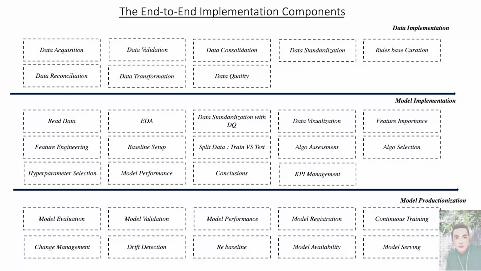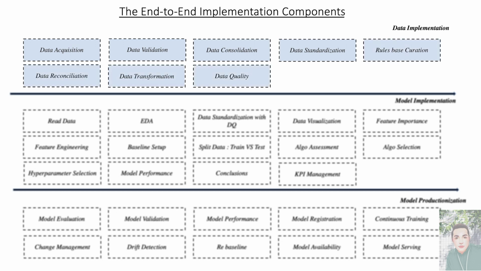So you have to take care of three things when you talk about MLOps specifically. The data part, in terms of acquisition, validation, consolidation, standardization, some kind of curation, reconciliation, transformation, data quality.